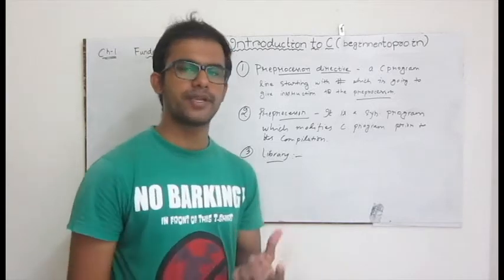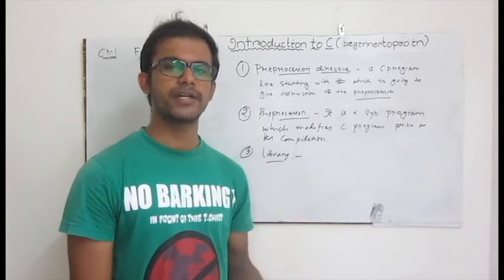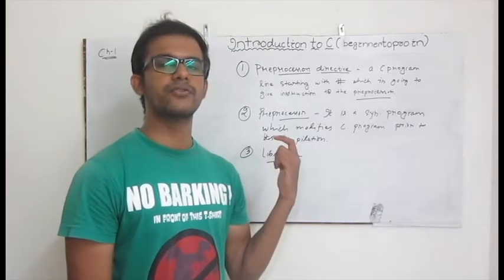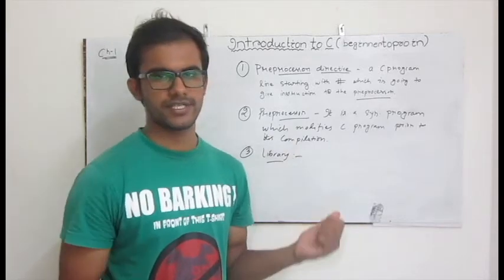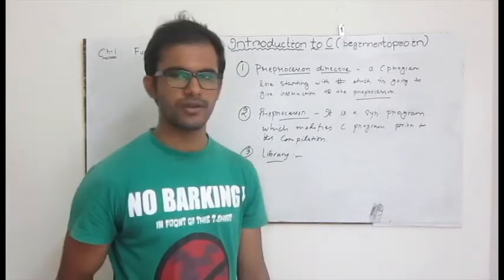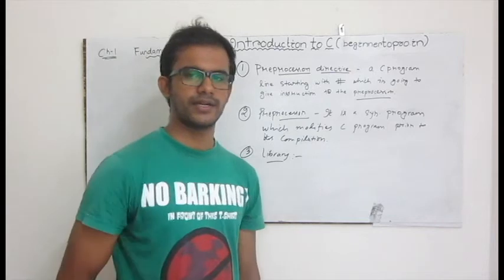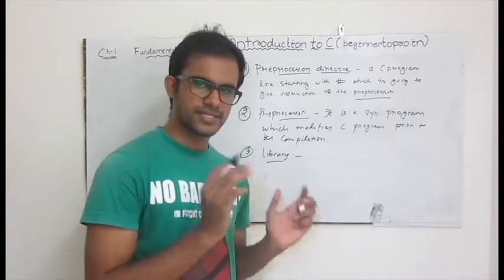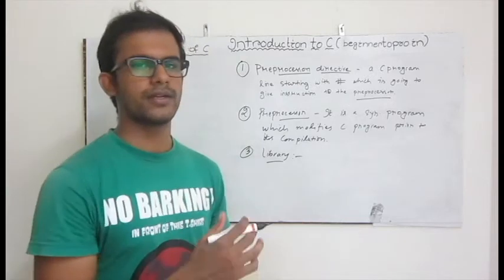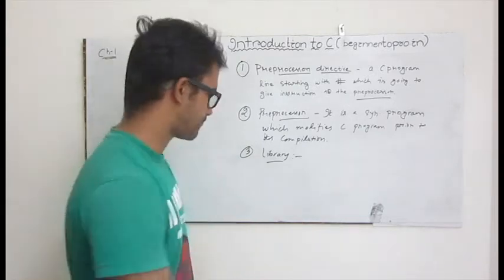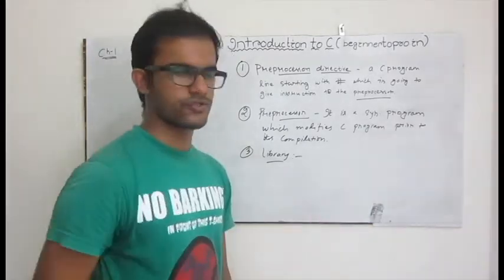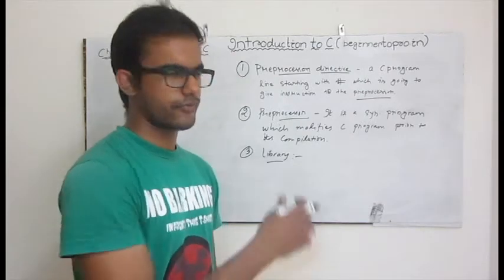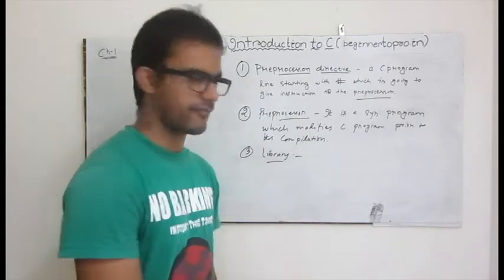These are the library functions which are already pre-included in the IDE which you are going to install, or the online editor which we are going to provide. The library functions are pre-installed. You can use that in the program. Later on I'll show you where we are going to declare the library function.